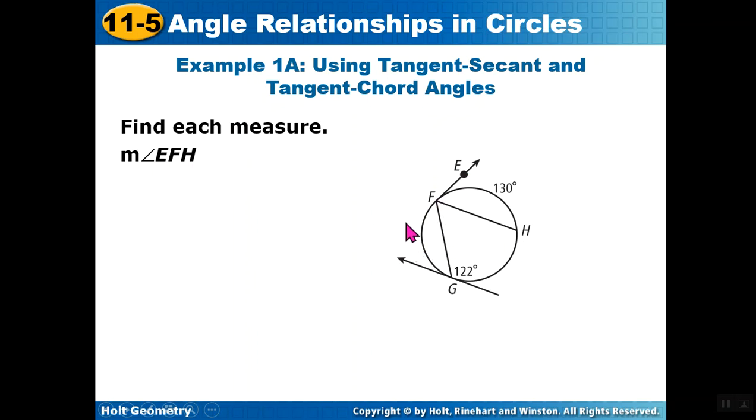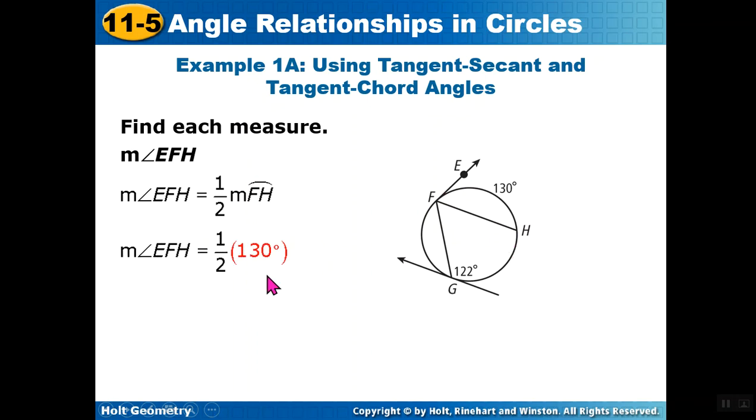As we said in the theorem, if a tangent intersects with a secant on the circle, at the point of tangency, then the measure of the angle is equal to half of the arc. So measure of angle EFH is half of the measure of the arc FH, which means it is half of 130. So divide it by 2 to get the measure of this angle, which is equal to 65 degrees.